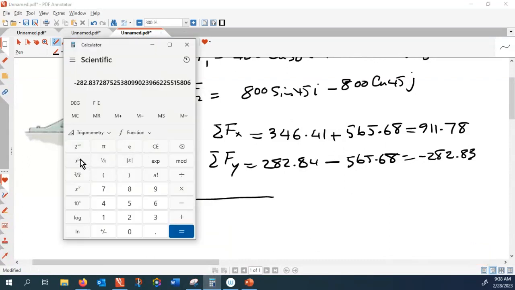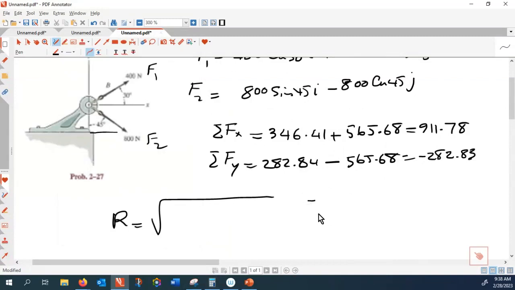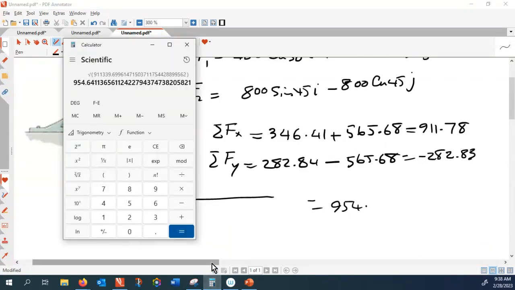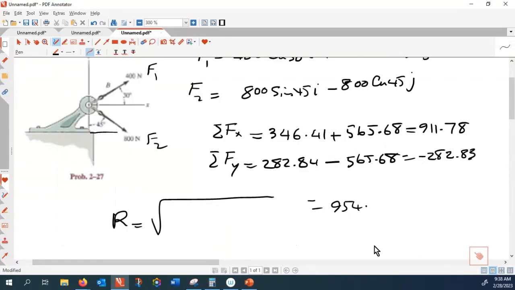So that one squared plus 911.78 squared, and then take the root, is 954.64.